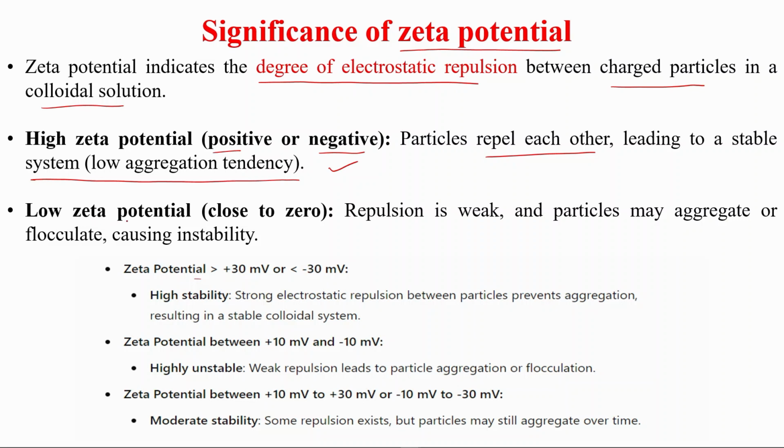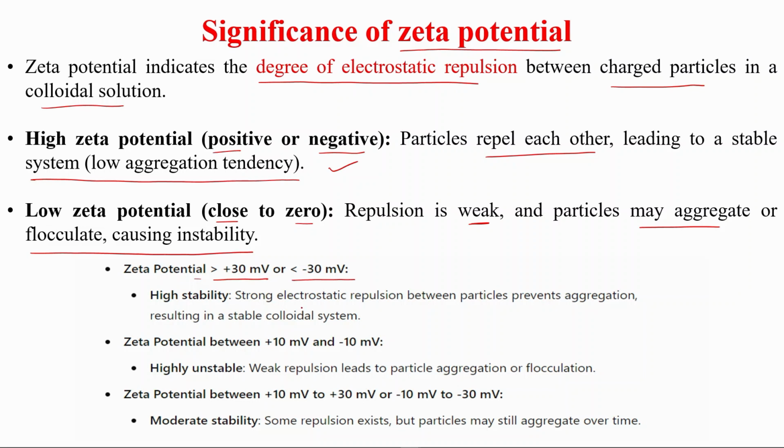Now if we have a low zeta potential, that is, its value is close to 0, then repulsion is weak, and particles may aggregate or flocculate, causing instability, indicating instability of the colloidal particles. So it's written what the recommended values are for a highly stable colloidal system. The ideal values are greater than plus 30 millivolt or less than minus 30 millivolt, and then we will say that the system is highly stable.